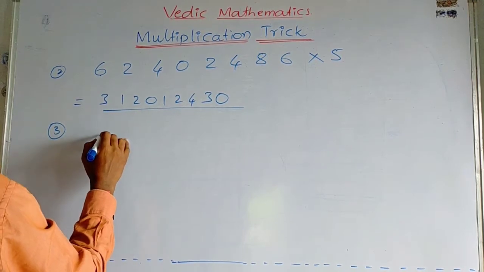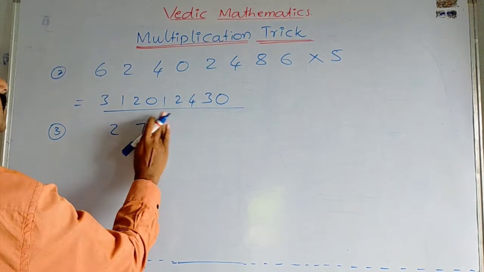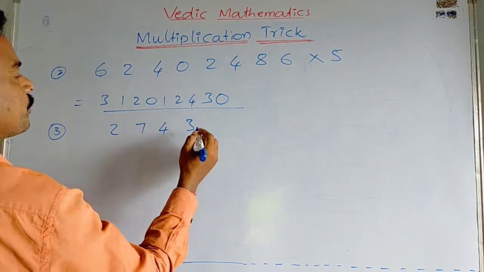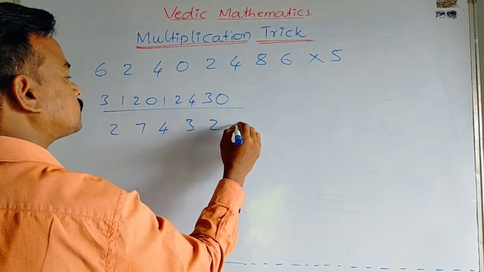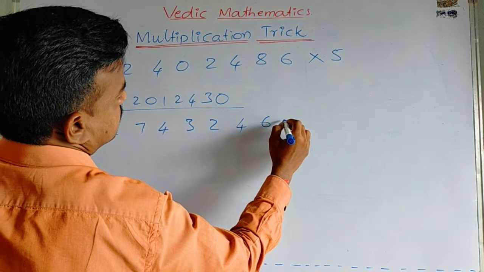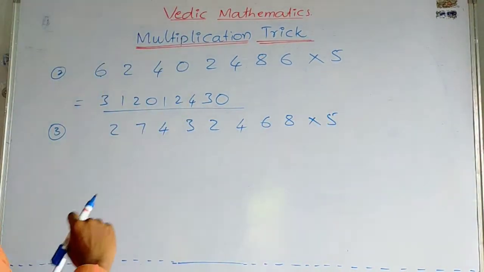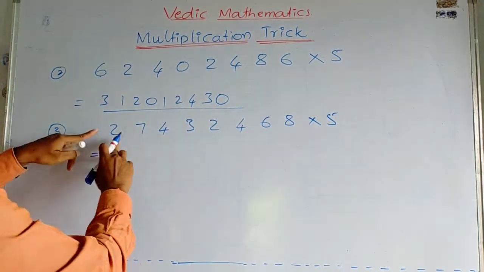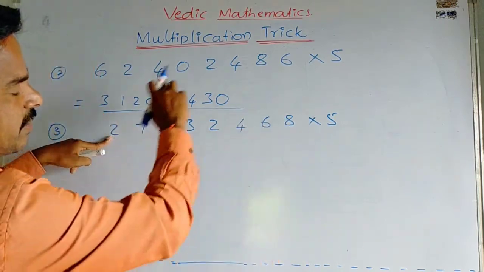Suppose one number is 2727432468 into 5. Okay, now what is the answer? As usual, here 0, and half of this total number.